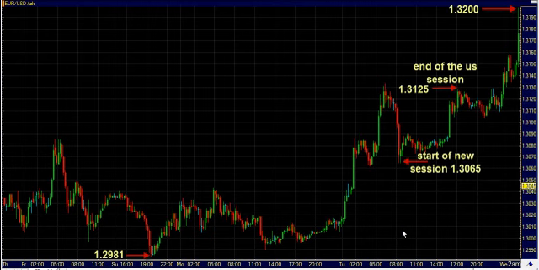So instead of getting the price of 132, why would I want to place a sell there? I would wait till the end of the session and maybe try to get the price at 132.50 or maybe 133, getting a better price to sell the euro. And if I truly want to be patient, I wouldn't place a sell order at the end of the European session.